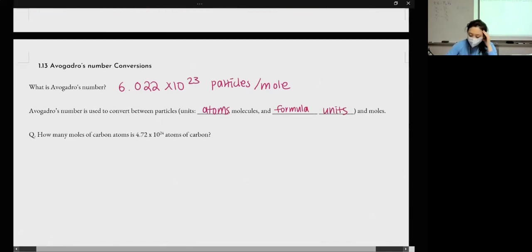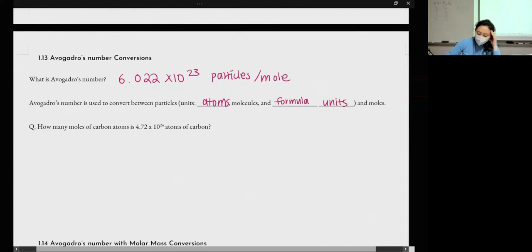So if the question asks you how many moles of carbon atoms are in 4.72 times 10 to the 26 atoms of carbon, it's a simple conversion. You will use Avogadro's number and simply divide by it.